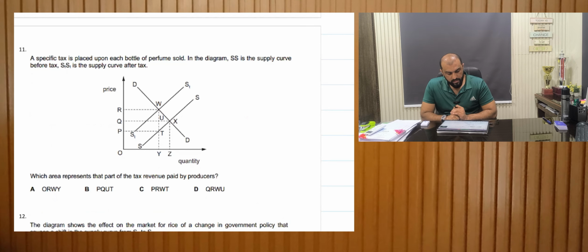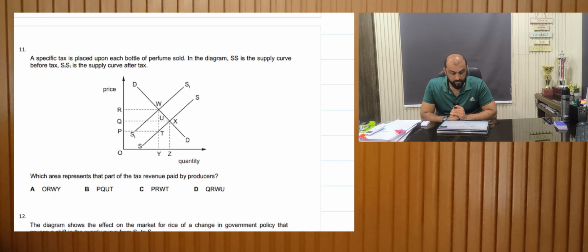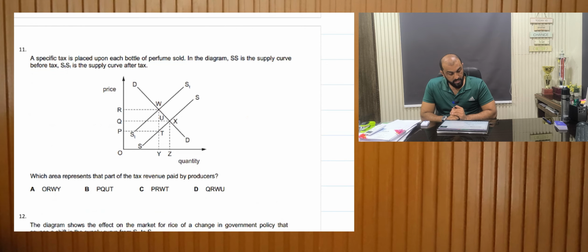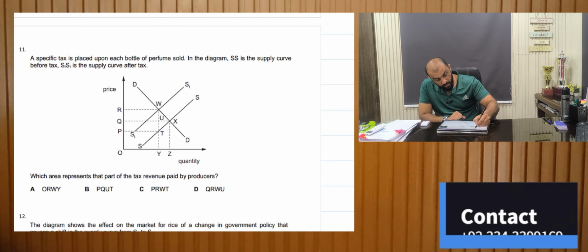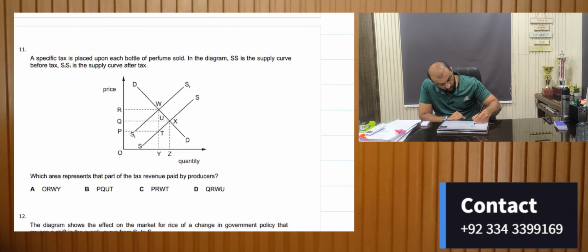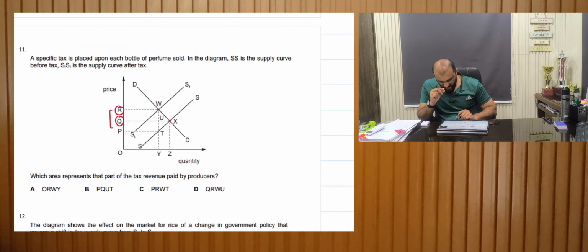A specific tax is placed upon each bottle of perfume sold. In the diagram, SS is the supply curve before tax, and ST is the supply curve after tax. Which area represents the part of tax revenue paid by the producers? Now, from R to P is the total tax per unit. The equilibrium R and the other equilibrium Q is the tax borne by the consumers.